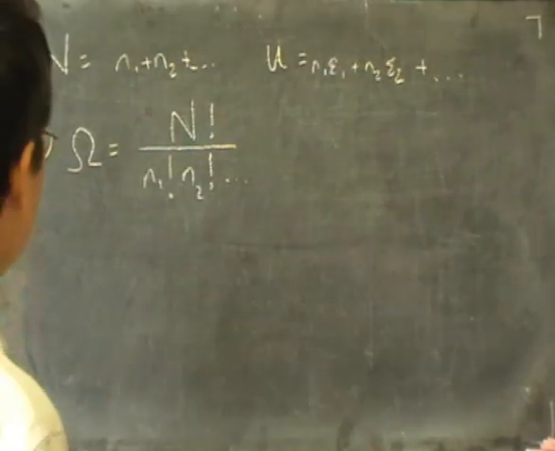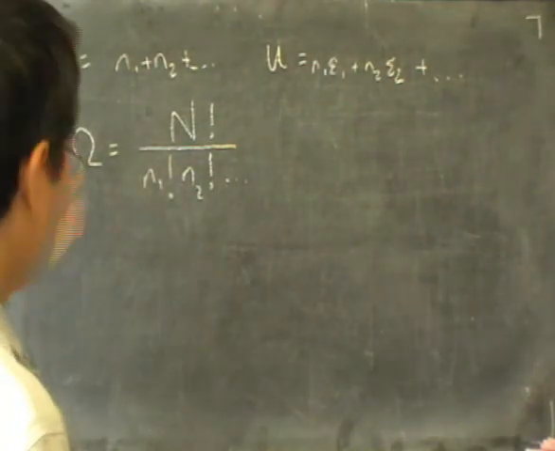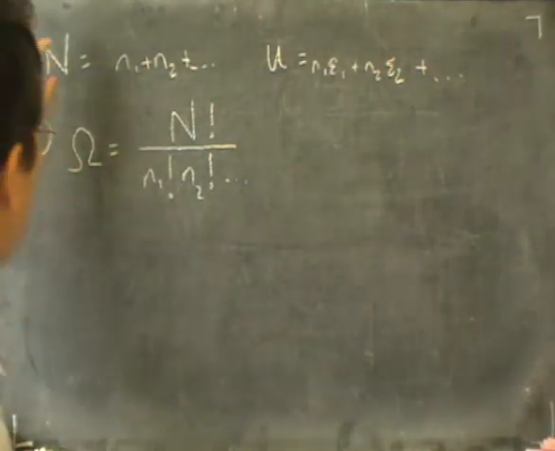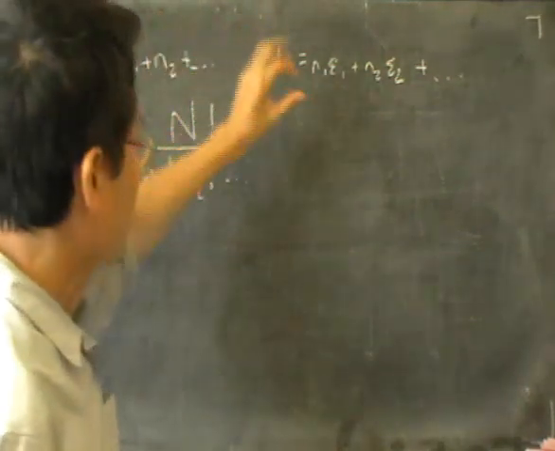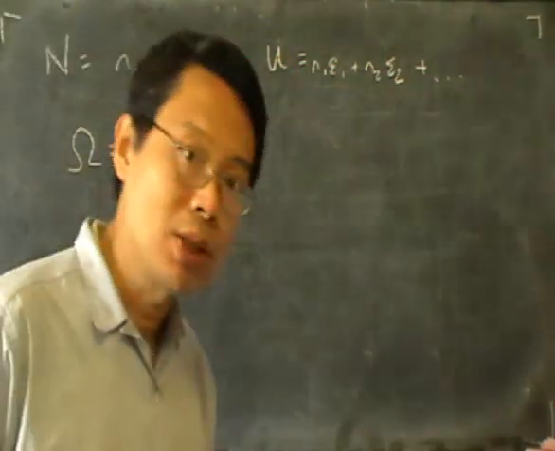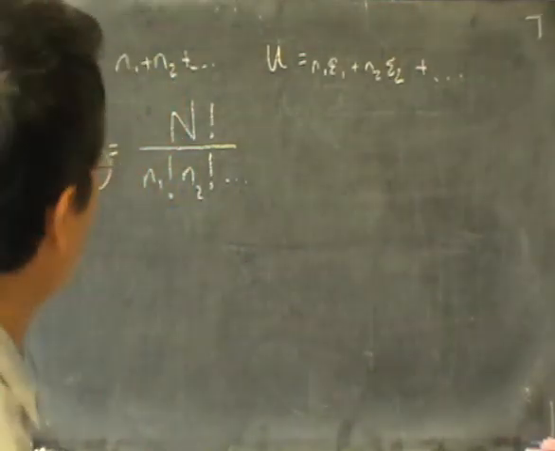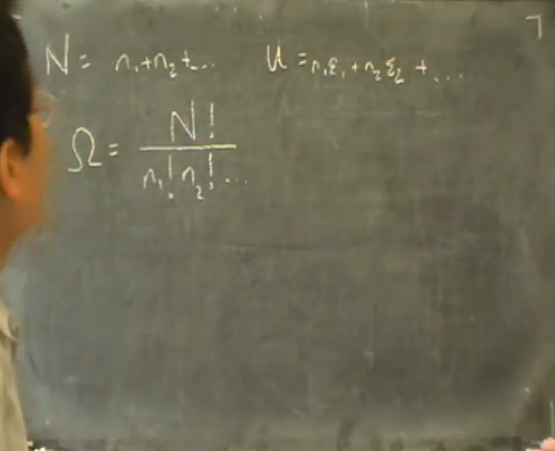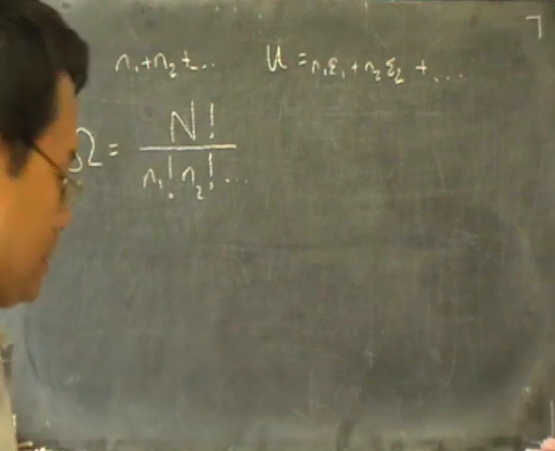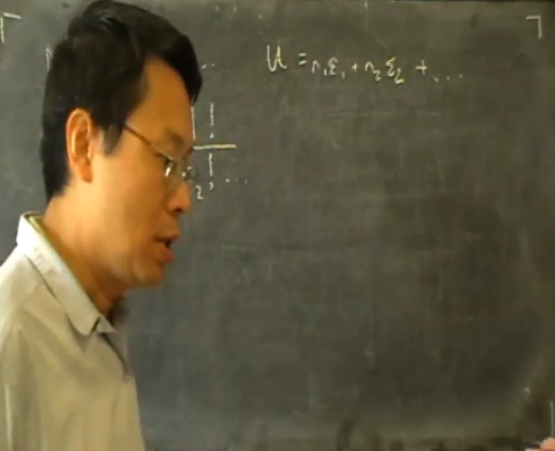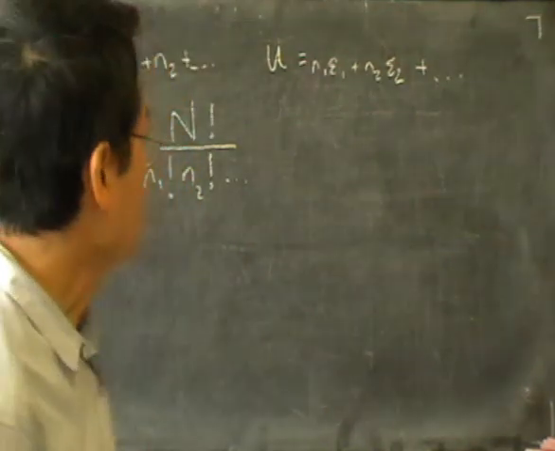In order to find the largest possible arrangement where we have constraints like this, there is a mathematical method called the Lagrange multiplier, and that's what we are going to use. Before that, let me write down a formula that is going to be useful.